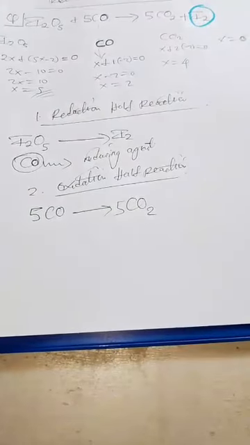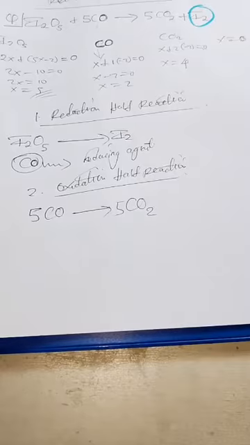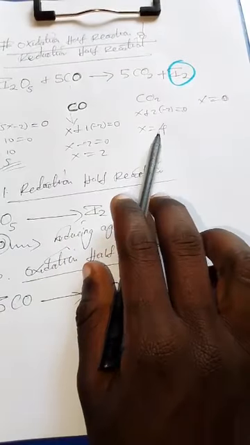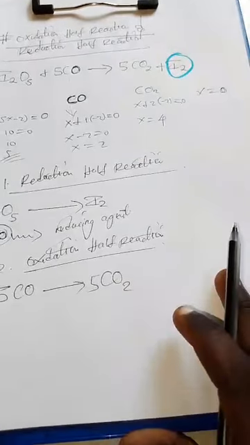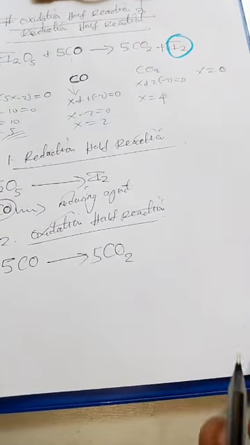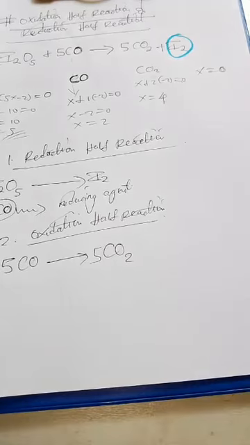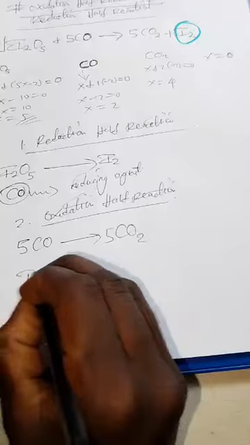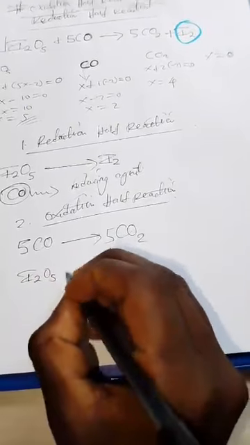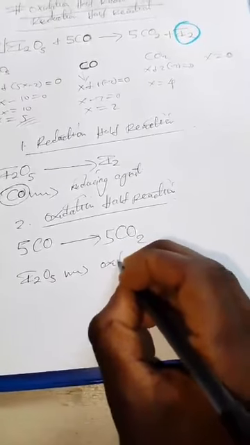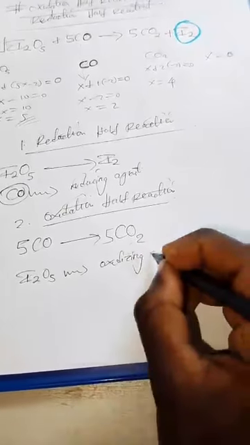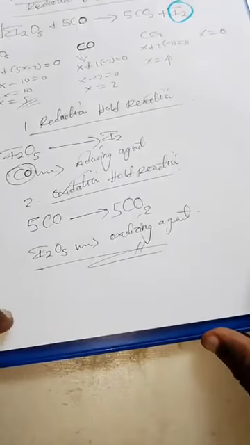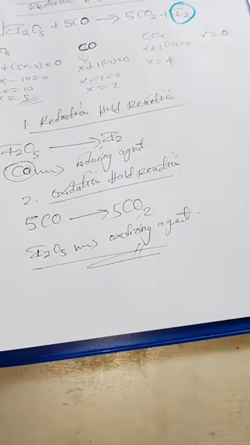The oxidation number has been increased from 2 to 4. So we had 2 here, then we are ending up with 4, meaning the oxidation number has increased. So this is the oxidation half reaction. Our oxidizing agent is iodine. This is our oxidizing agent. Okay, so I think you know now how to split the reaction into half reactions.